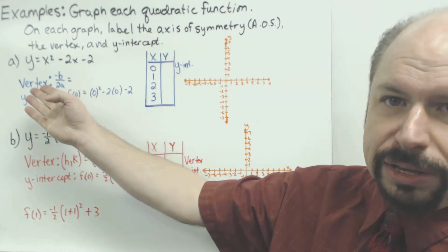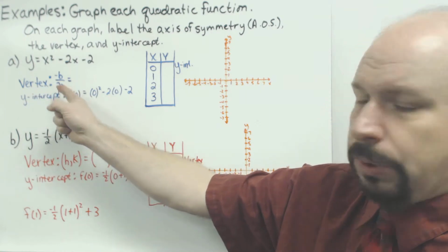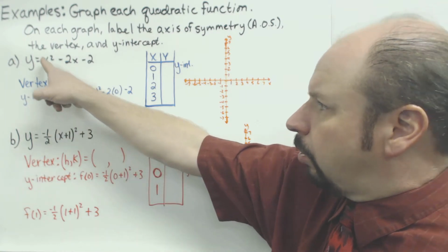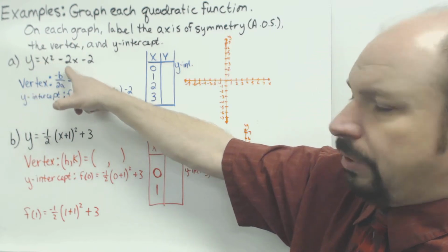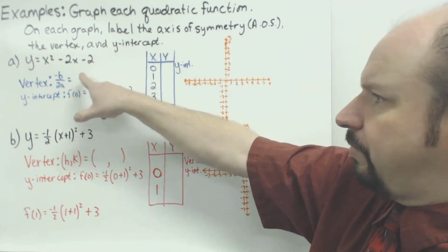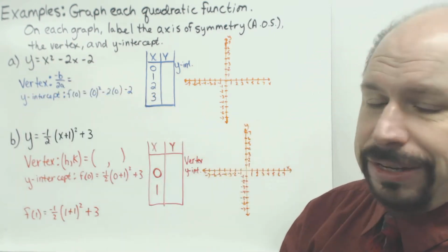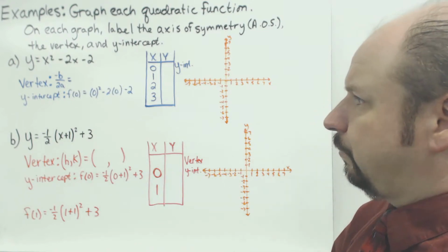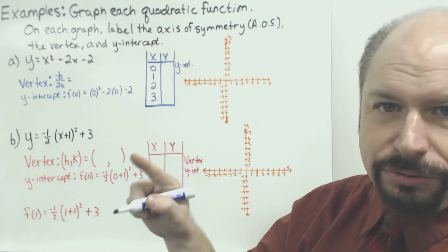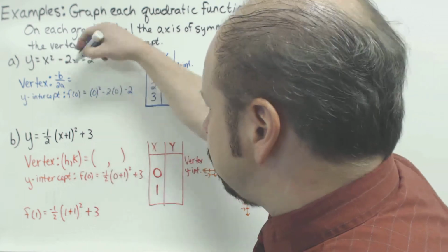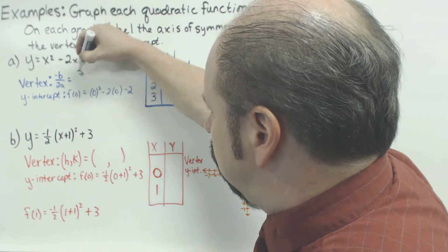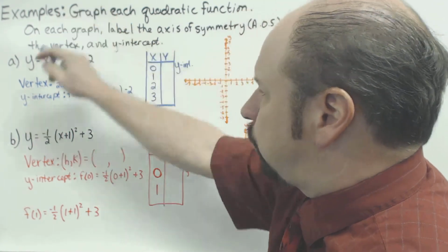So remember, our vertex is located at negative b over 2a. So here our a value is 1, our b value is negative 2, our c value is negative 2. We just need the b value, which is negative 2. So negative of negative 2 would make this positive 2 over 2 times a.